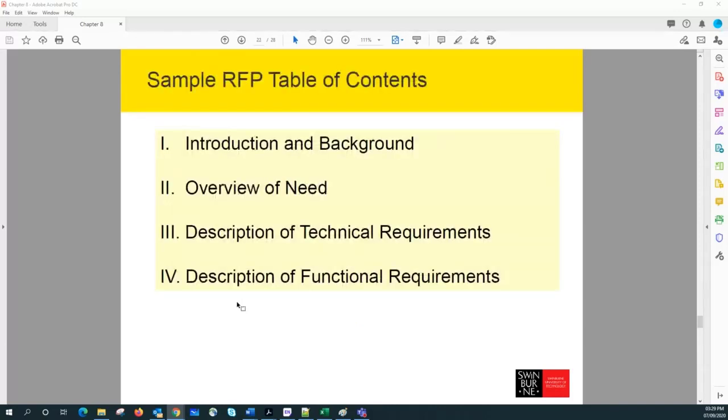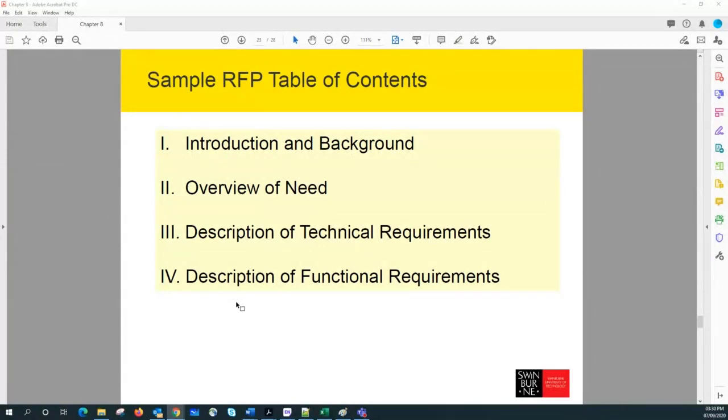These are the contents that we usually put in a request for proposal document. We need to give a little background of the project, what the problem or opportunity is, why we need this system, and what the advantages are.